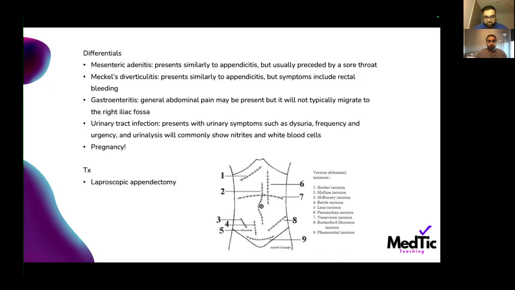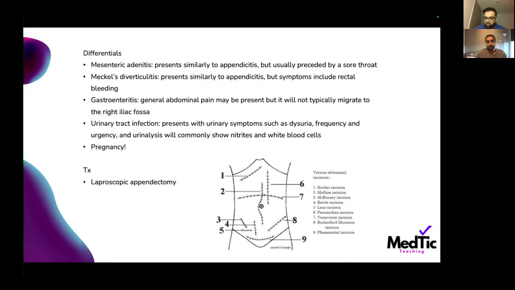Meckel's diverticulitis, similarly to diverticulitis, happening more in younger kids, but you would also get rectal bleeding. Gastroenteritis could be another one, but typically it's more generalized symptoms. It could be a UTI, but again, no urinary symptoms. Again, pregnancy is a big one.